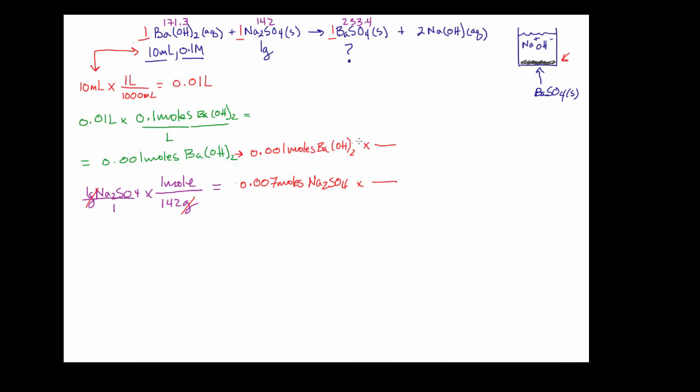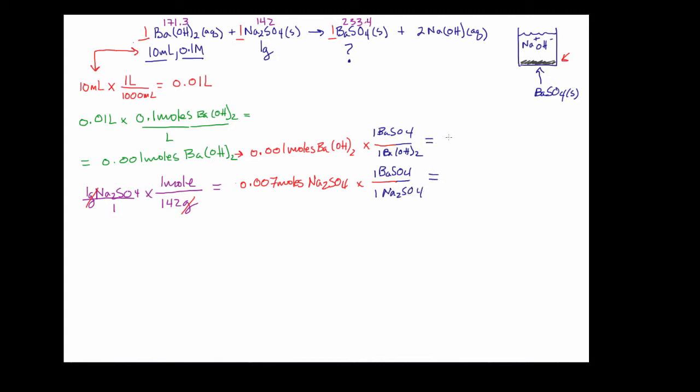So we're solving for the BaSO4, so 1 BaSO4 goes in the top of each respective mole ratio. And then in the bottom we put what we want canceled. So here we have Ba(OH)2, and in this one it's 1, and then sodium sulfate.